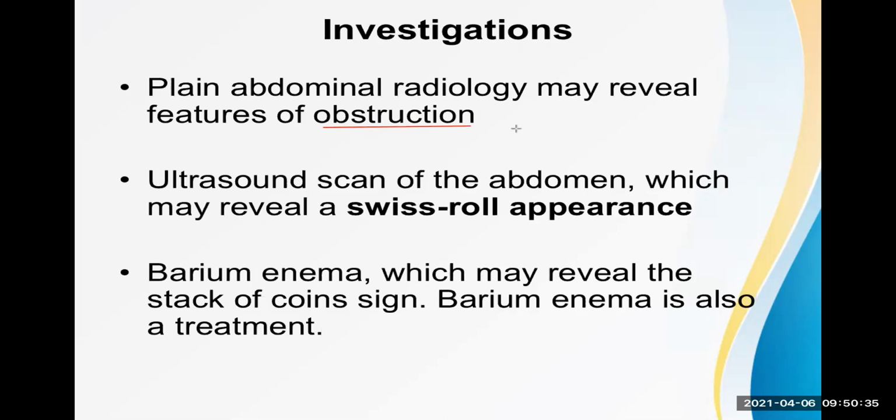On erect view there are air fluid levels present, and air fluid levels should be more than 5, but there are so many, not only 5, so many air fluid levels in any case of intestinal obstruction. Ultrasound scan of the abdomen will show a Swiss roll appearance because of the typical intussusceptum going into the intussuscipiens. This type of arrangement will give rise to the Swiss roll appearance.